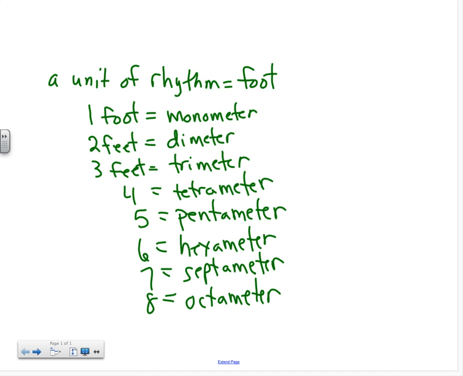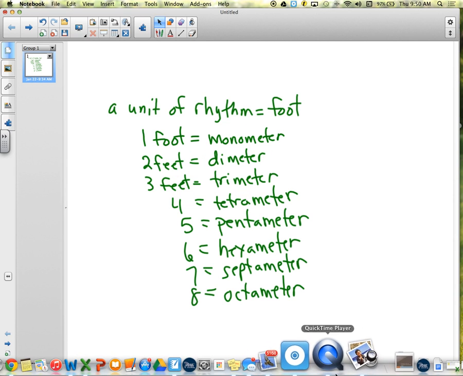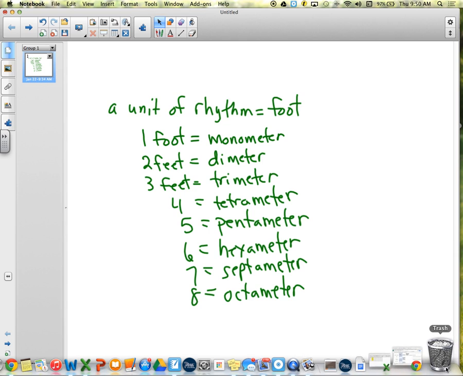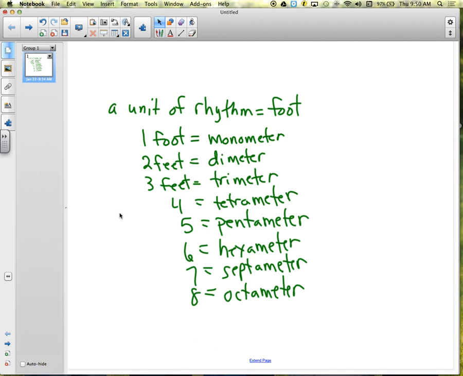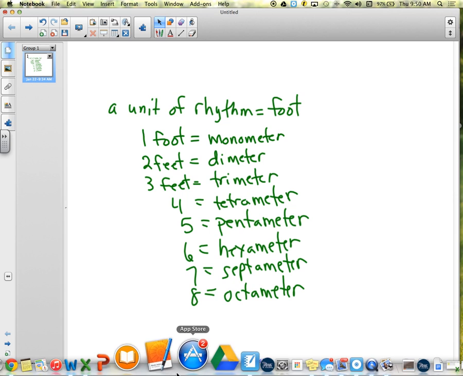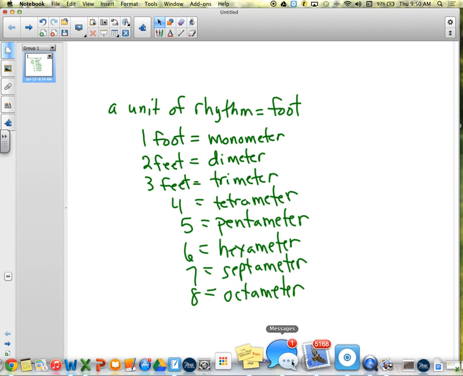All right, we're going to go back to our page of poetry.